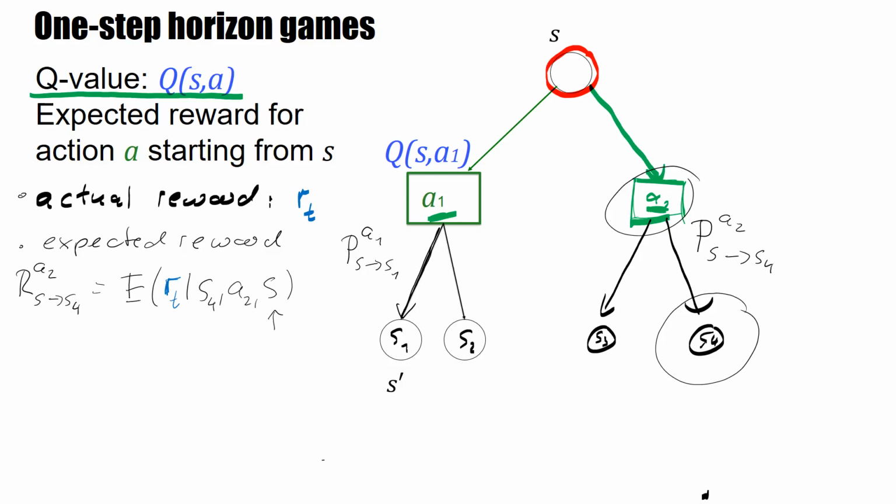Now, what we want to know is not this value, but what we want to know is the expected reward starting from this state S up here, under action A2, for action A2. And so what is this Q value?